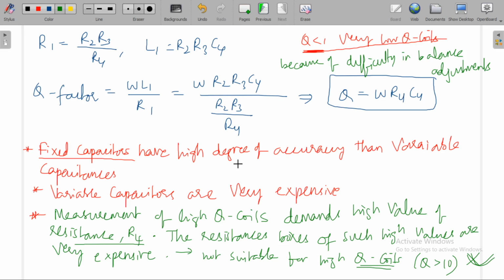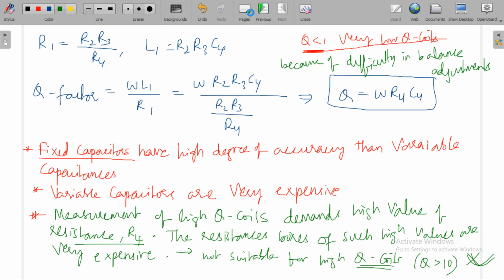In order to achieve a high degree of accuracy, we are supposed to use a fixed capacitor rather than a variable capacitor. If I use a fixed capacitor, then it is difficult to obtain balance conditions. So because of difficulty in balance adjustments, this bridge cannot be used for the measurement of very low Q coils, that is Q less than 1.